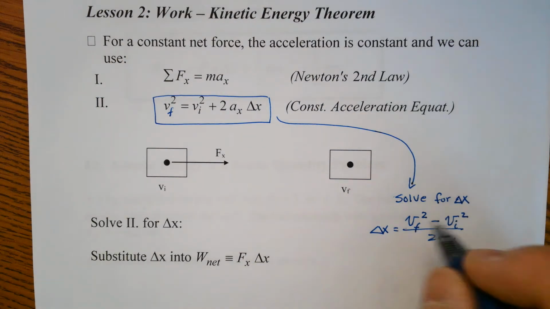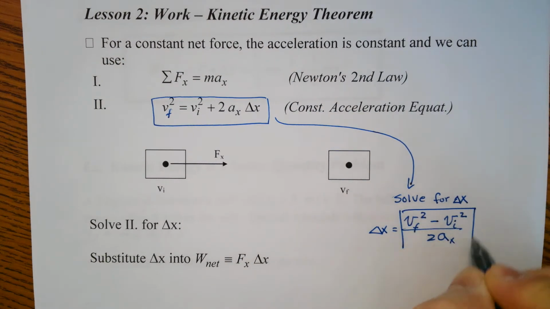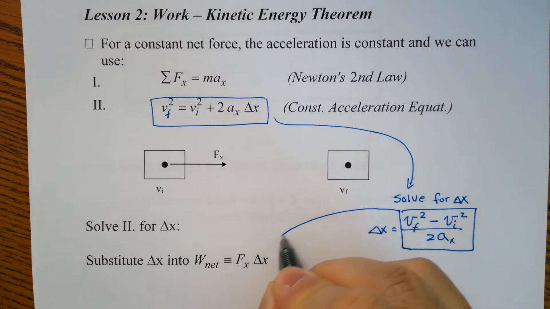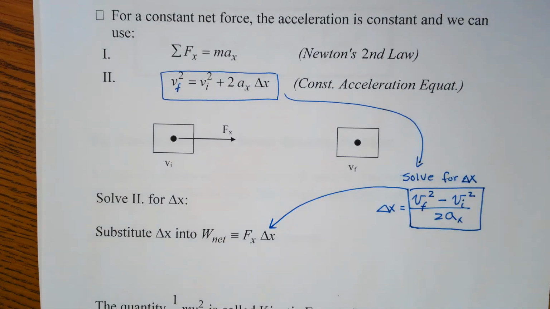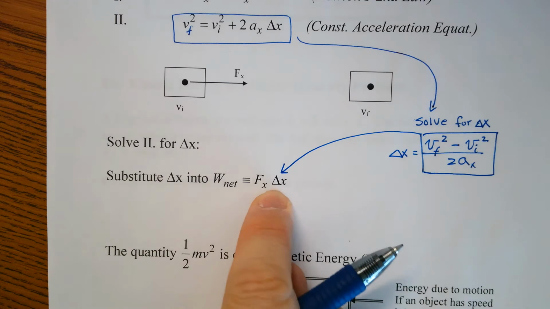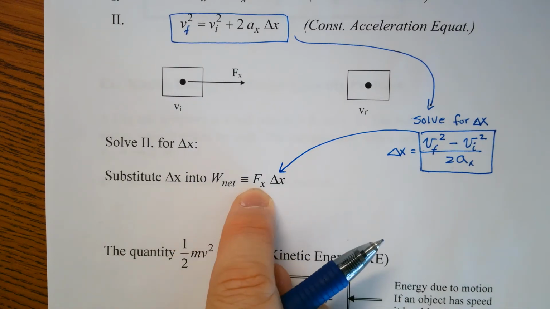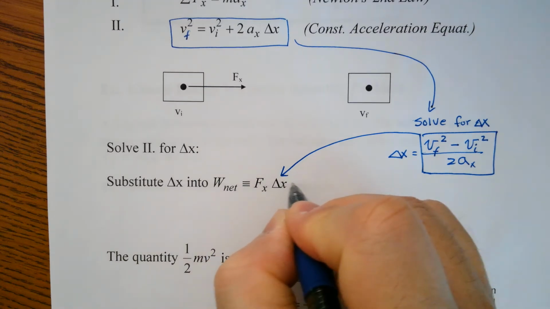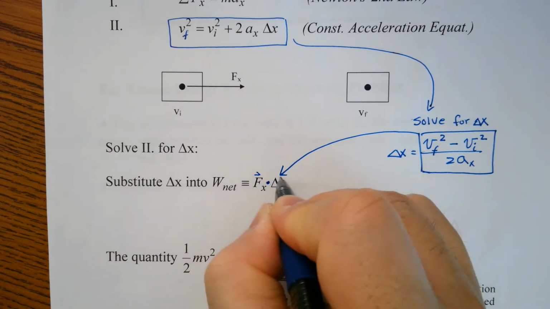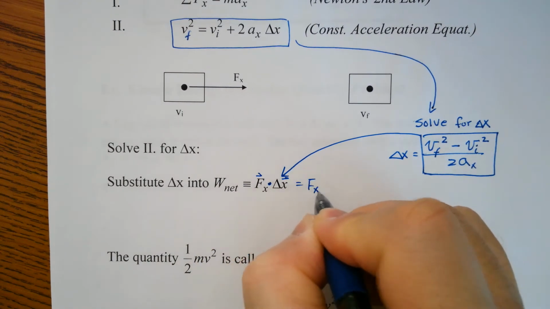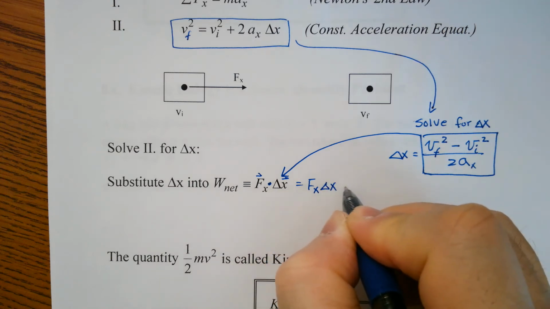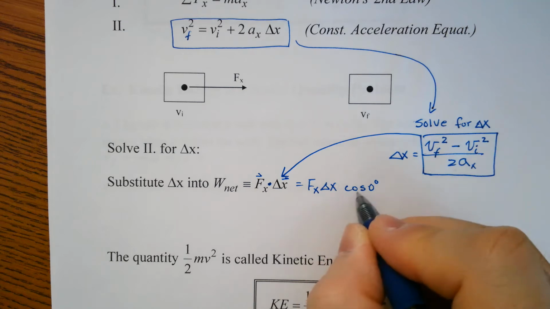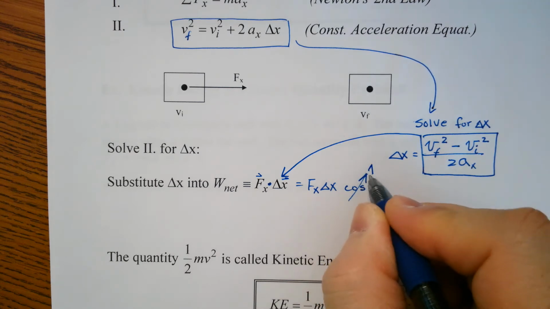Now, I will substitute this into my second equation, right here, which is work net is equal to F dot delta x, which is the same as Fx times delta x times cosine of 0 degrees, which goes to 1, right?